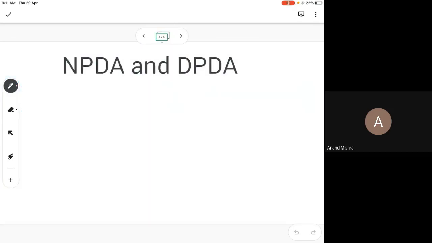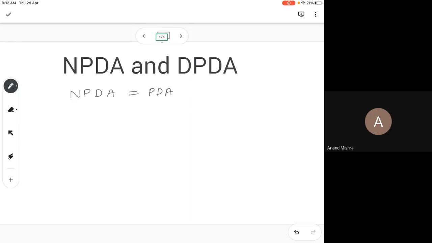So now let's quickly look into NPDA and PDA. We said that non-deterministic PDA is nothing but PDA, they are the same. Whenever we say PDA, it means non-deterministic PDA by default.